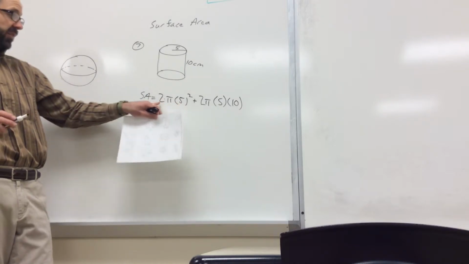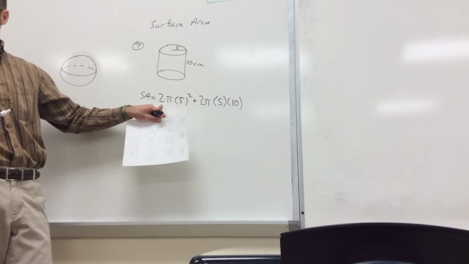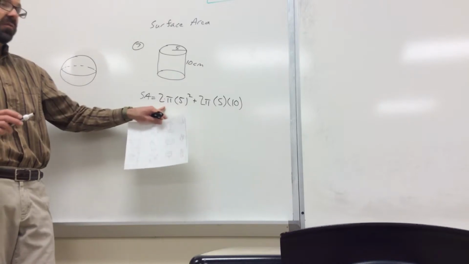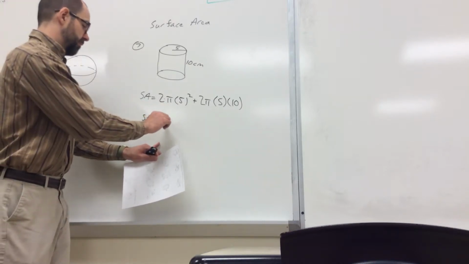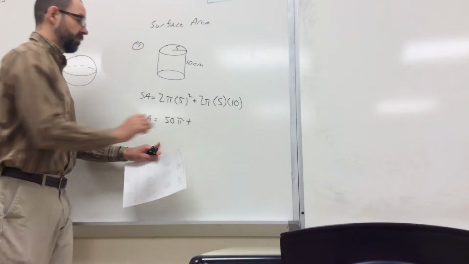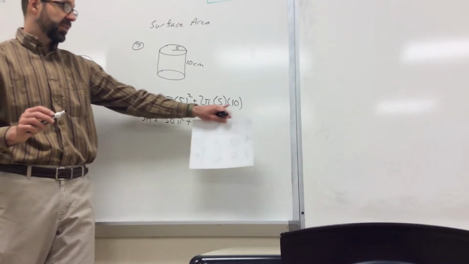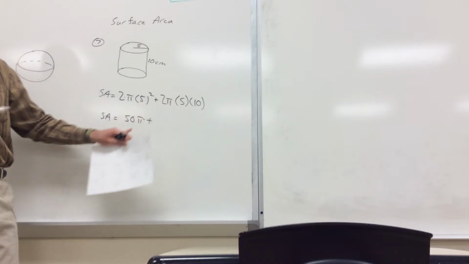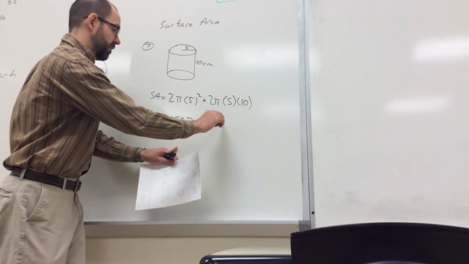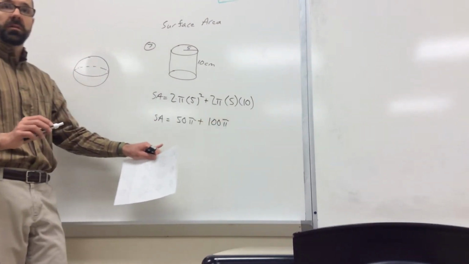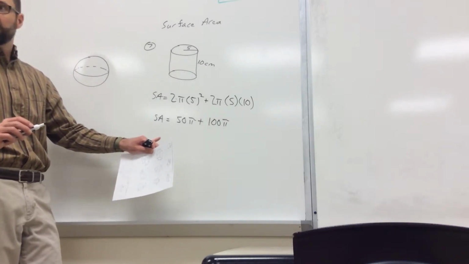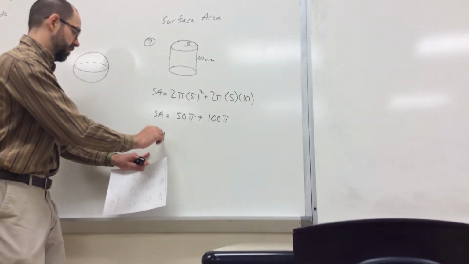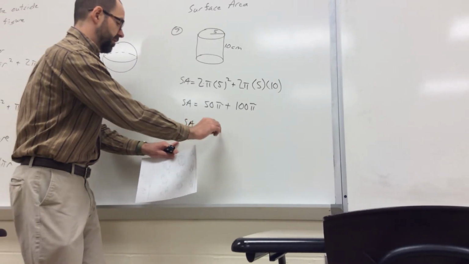And then you take 25 times 2, and that gives you 50. So this is 50 pi. And then 5 times 10 is 50. Times 2 is 100. So this is 100 pi. And then you add those, and you get 150 pi.